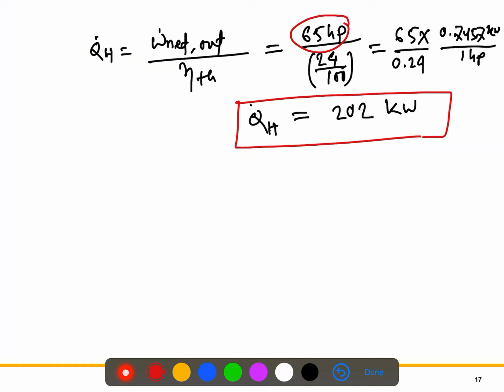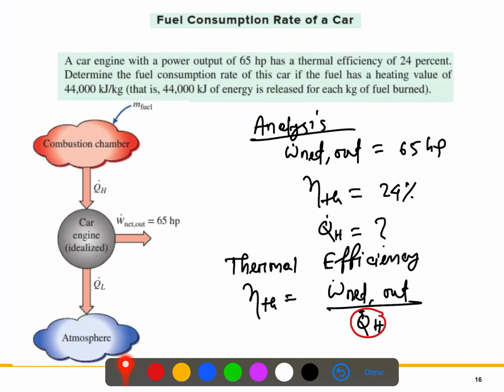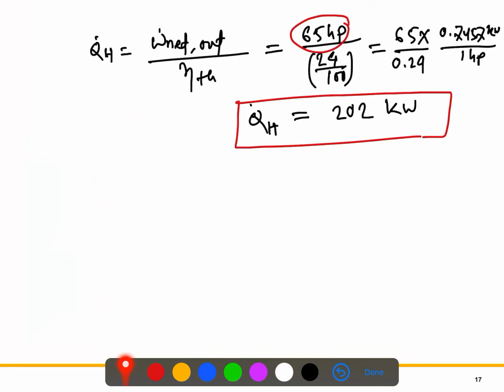Now this is the amount of energy input, and the question says determine the fuel consumption rate of this car if the fuel has a heating value of this kilojoule. That means this kilojoule of energy is released for each kg of fuel burned. So now what do we need to do? If we want to calculate the rate, the question asks for the fuel consumption rate.